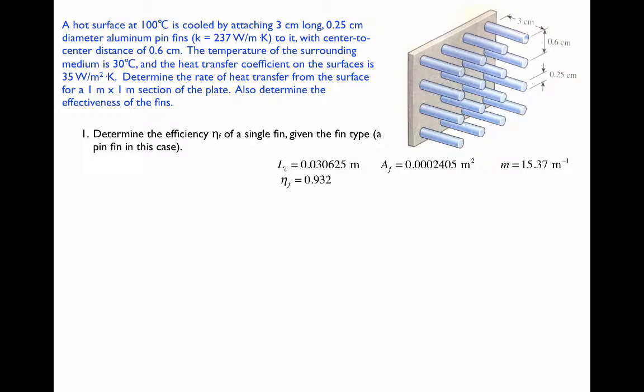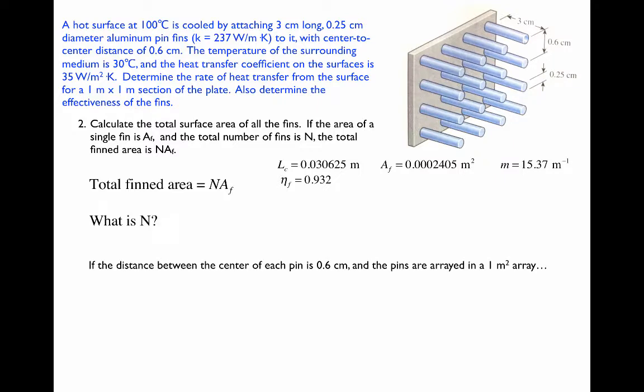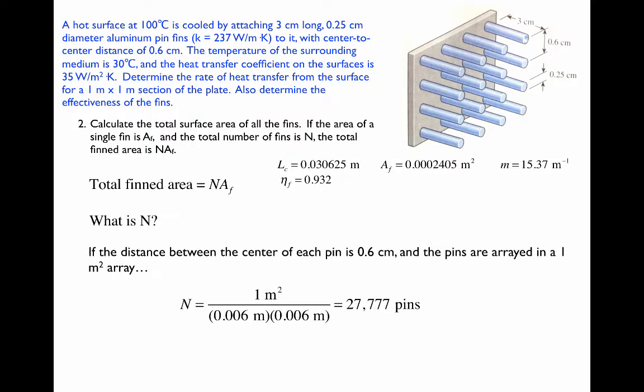We make a note of that and go on to step 2, calculate the total surface area of all the fins. The total finned area here is the fin surface area times the number of fins. So how many pins do we have in this area? Well, we're given the spacing. The center to center spacing between the fins is 0.6 centimeters, and the pins are arrayed in a 1 square meter array.